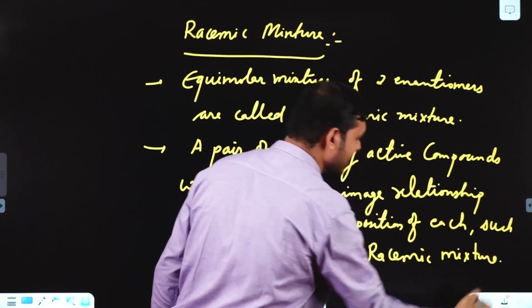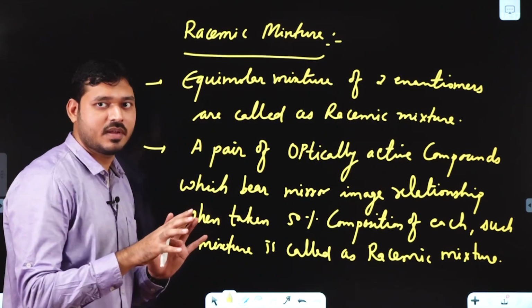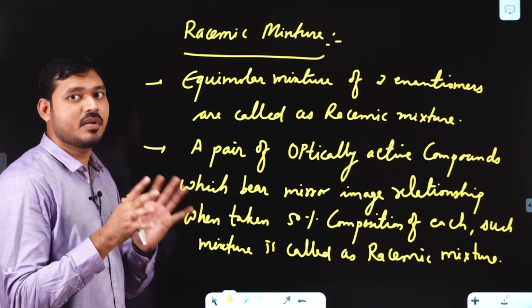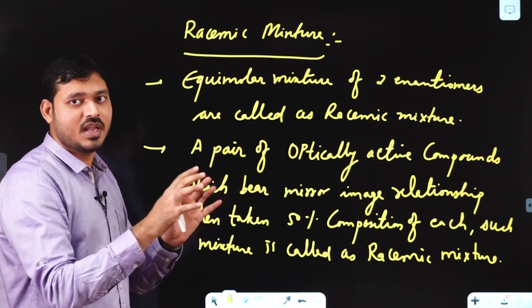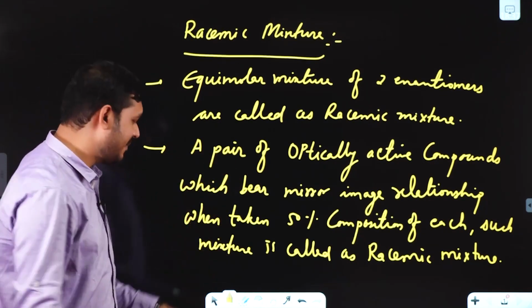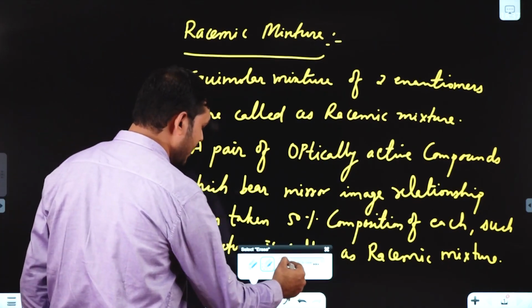Okay, mixture simply means there will be two compounds. Here, straightforward, means two compounds only, one compound and the other will be its mirror image. Okay, and their equimolar mixture. Clear? Let's see the example.